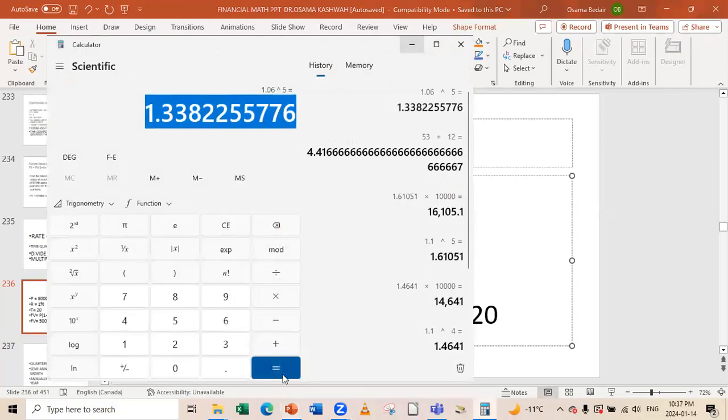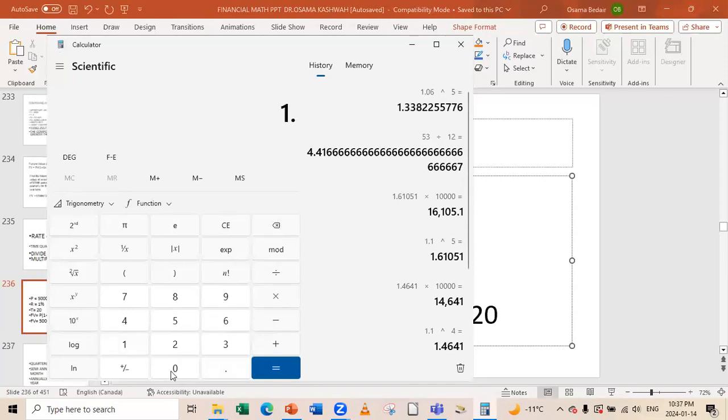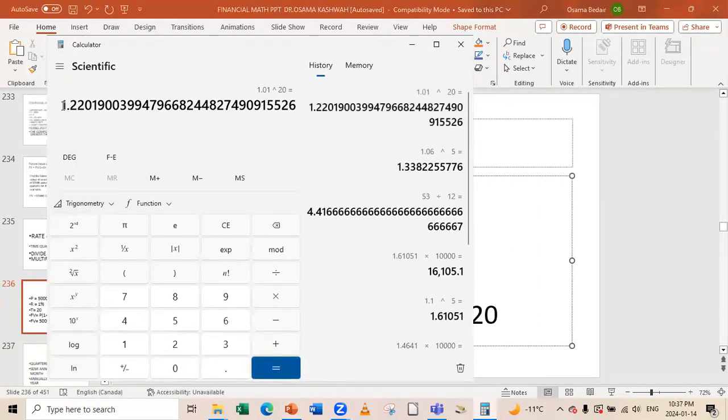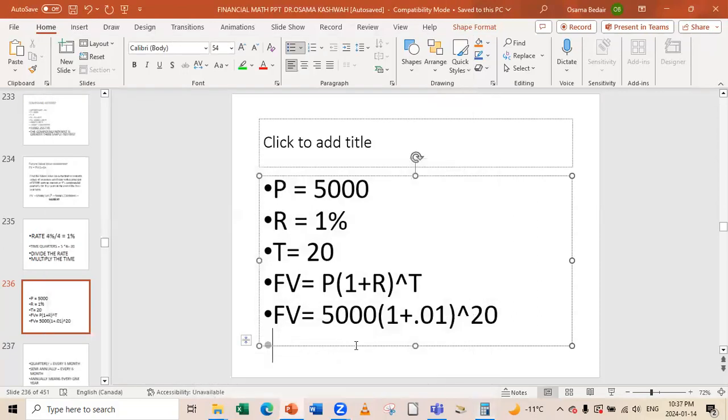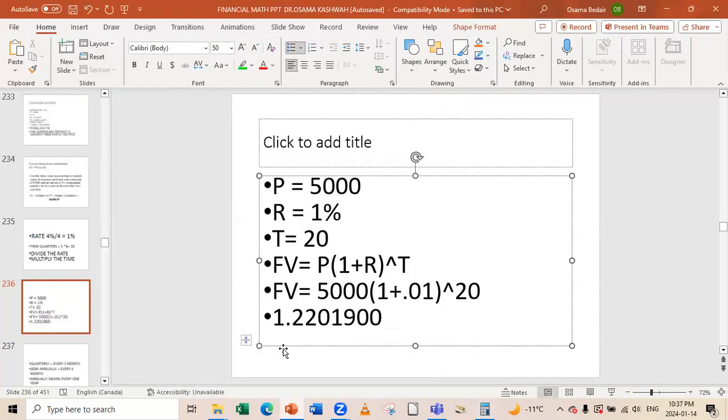We'll go to our calculator and see here. We enter 1.01, then XY, 20. That equals 1.220 and so on. We'll take it around there, that's more than enough. Control and C, and go back to our example and write the future value this way: multiplied by 5,000, times the output we got right now.